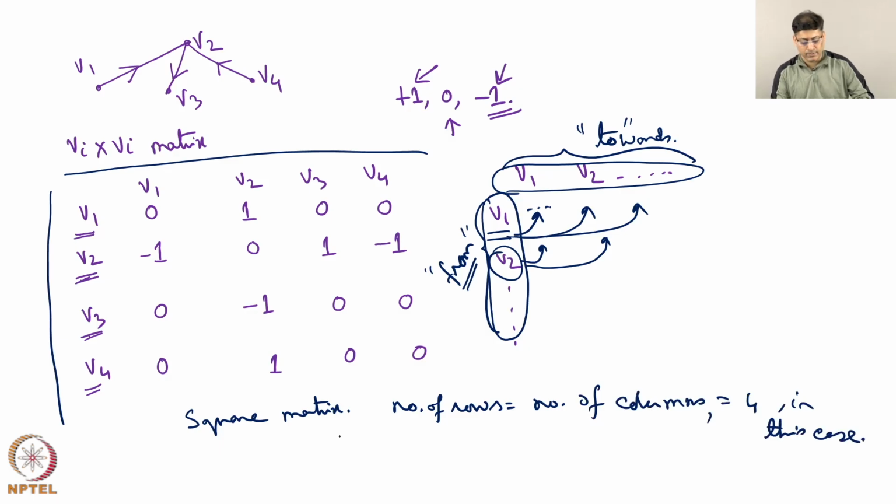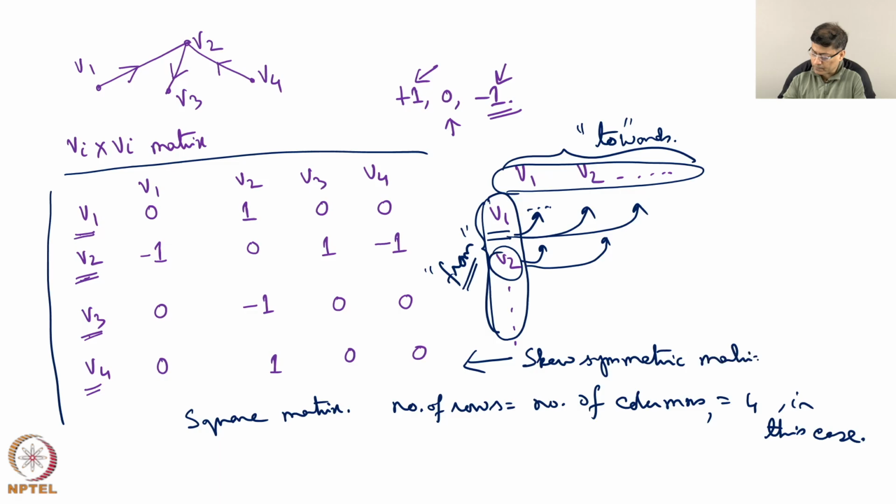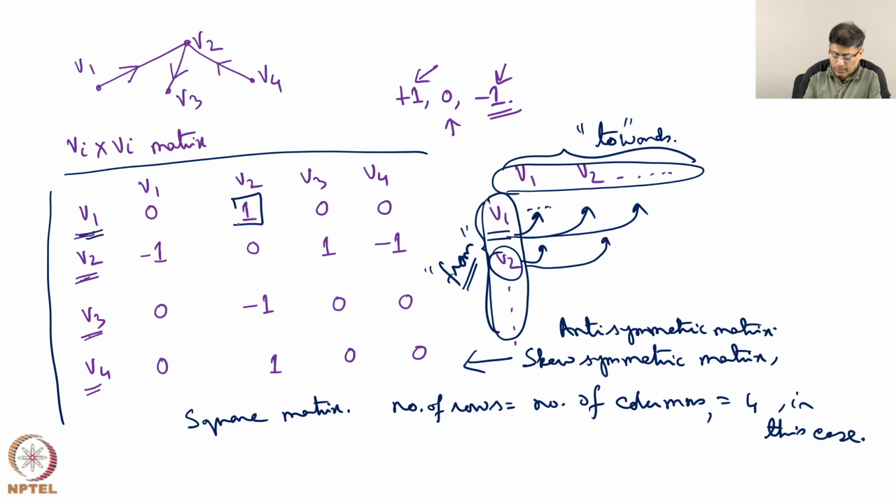Okay. Now, we want to see the property of this matrix. We can call this matrix as the skew symmetric matrix, or we can call it as the anti-symmetric matrix. Why? If V1 to V2 is 1, then V2 to V1 has to be -1. You can see a sign change has happened.